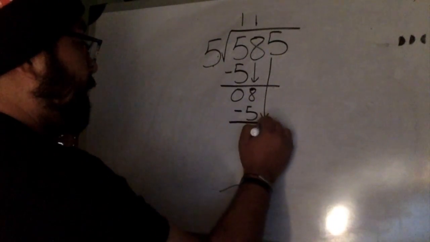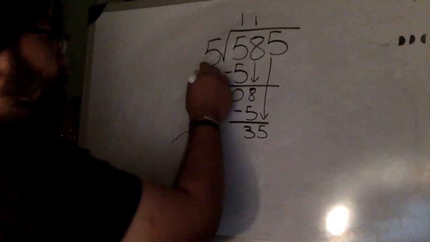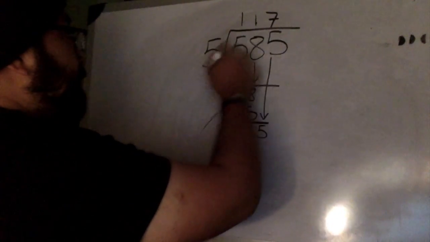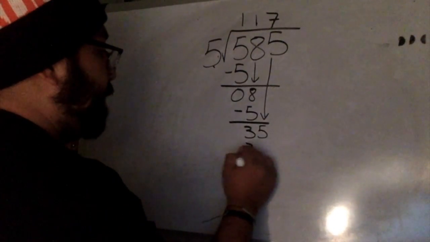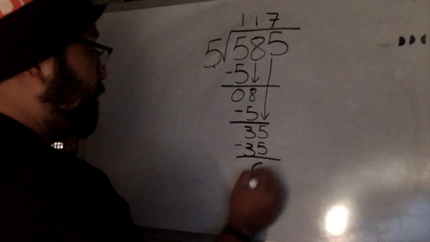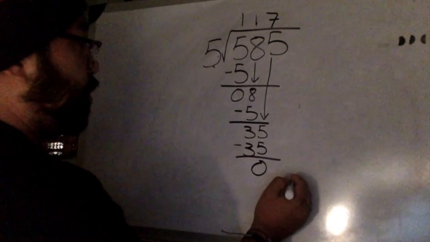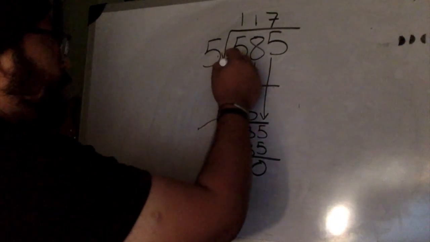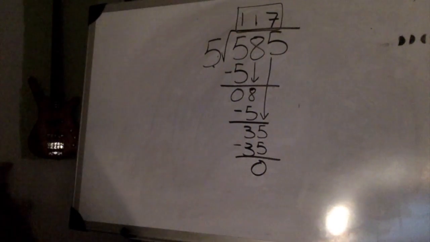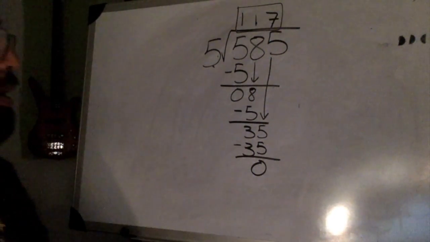Drop the 5. How many times does 5 go into 35? 7, because 5 times 7 is 35. 35 minus 35 equals 0. We have no more numbers to drop, so our answer is 117 with no remainder, and we are all set.